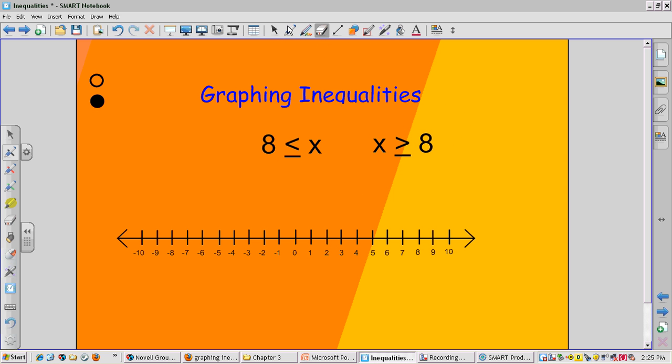So we go x is greater than or equal to 8. We'll use the shaded in circle because we want to include 8. It's like saying I want at least 8 people at my birthday party. Well, could there be exactly 8? Yes. Or more than 8. And then we'll finish it off like that. Graphing inequalities. Nothing easier.